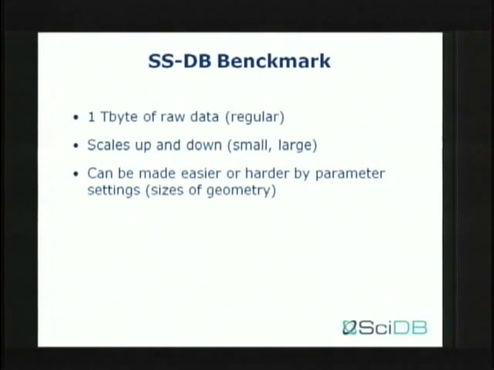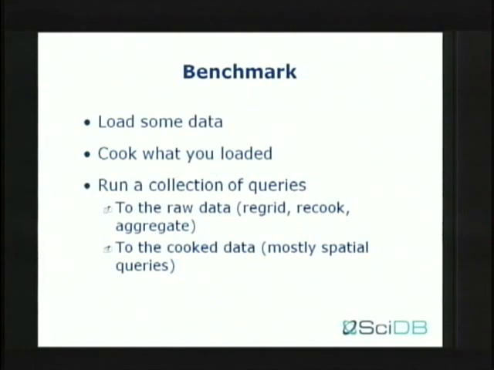So you can make the parameters make this benchmark much easier or much harder. And so: load some data, cook what you loaded, and then run a collection of queries on raw data and cooked data. So that's basically the benchmark. The details of the queries are on the poster outside that you can go look at during the break.